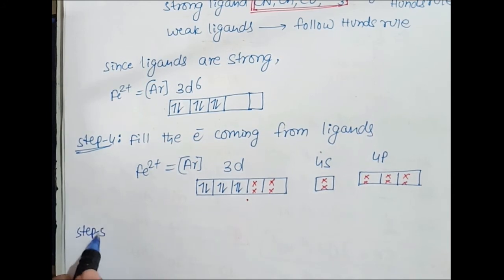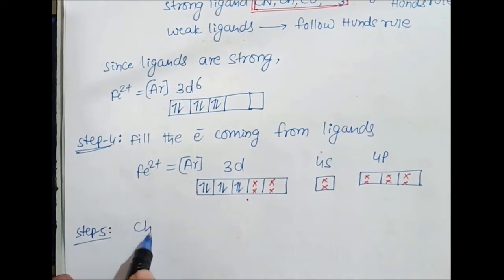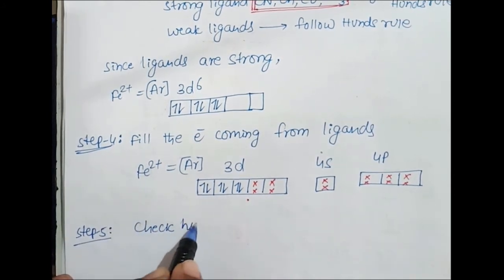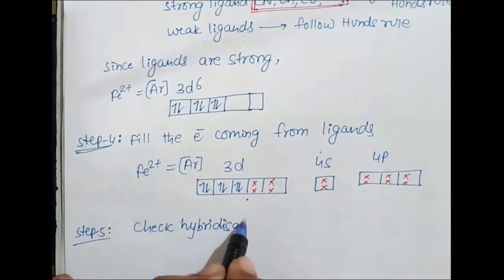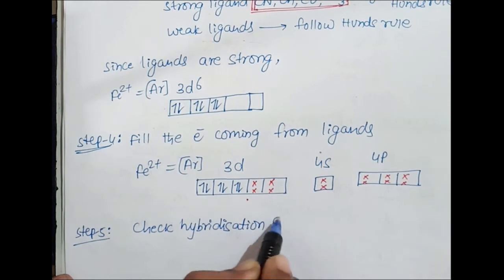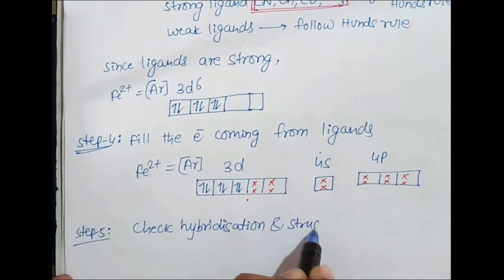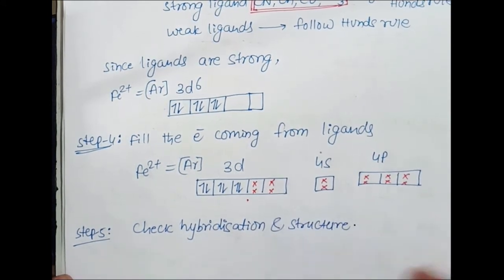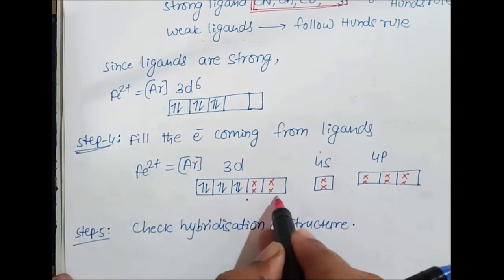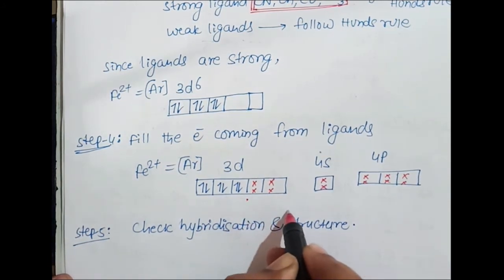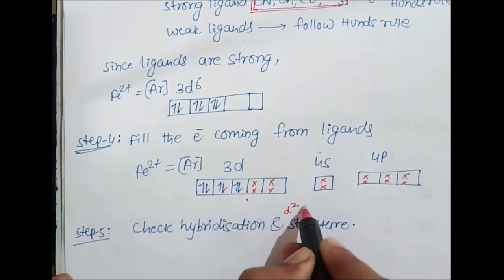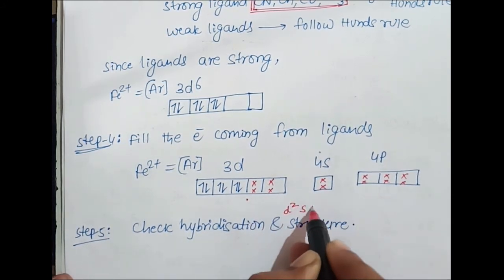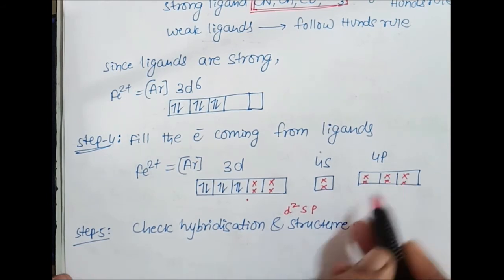Step 5. Check hybridization and structure. Here electrons are going to which orbitals? d orbitals. How many d orbitals? d2 and 1 s orbital. And p, how many orbitals? 1, 2, 3.